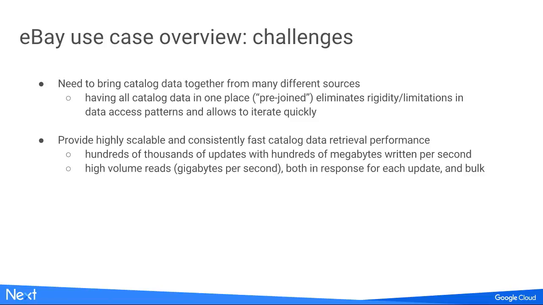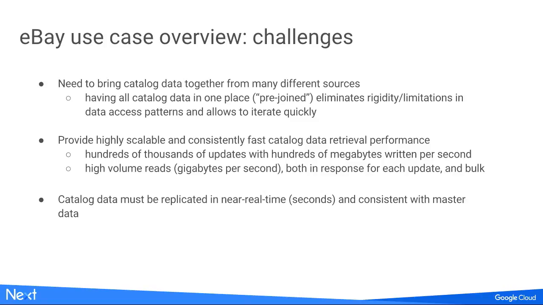For example, an update to a catalog results in search index update, and in order to re-index a listing in real time, you need to know more information about the listing than happened with just that update. So we have more reads in terms of volumes than writes. So our reads are in many gigabytes per second.